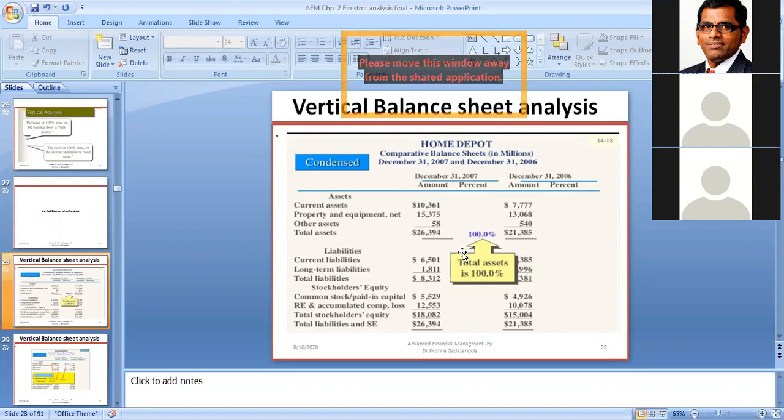Now total assets are being taken as 100%. We are taking the same two years, 2007 the current year and 2006 the previous year, but we are doing it vertically by taking the total assets.